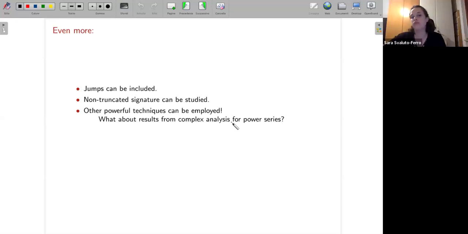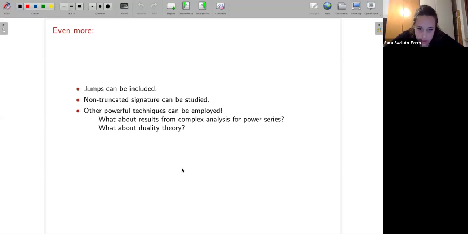So results based on very strong mathematics can then be used in order to increase the things that one can do with the signature. Same with duality theory from population genetics that gives you stochastic representation of solutions of SDE equations.